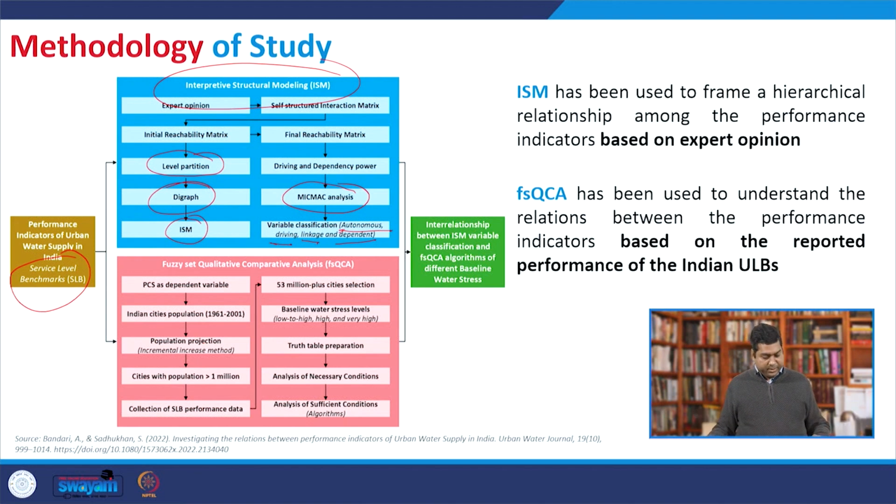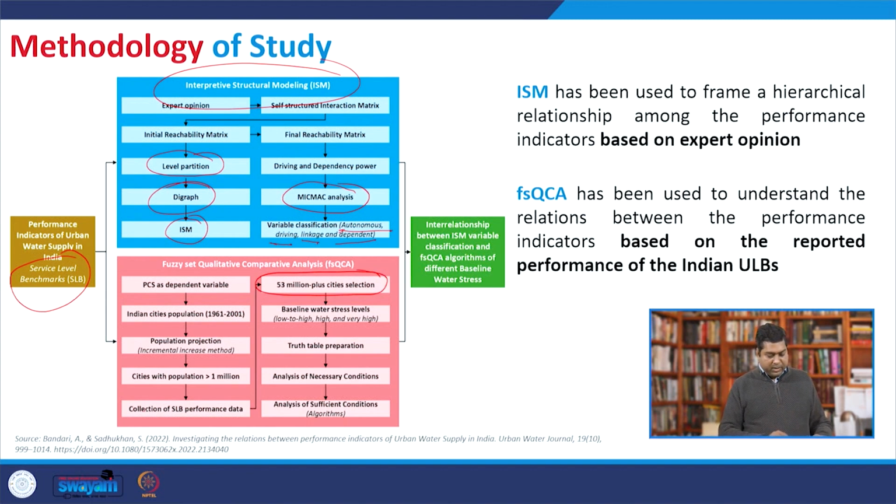We projected the population up to 2021, because the census was not available, and it is still not available. Then we have taken all the cities with a projected population of more than 1 million, and accordingly we got something around 53 million-plus cities.